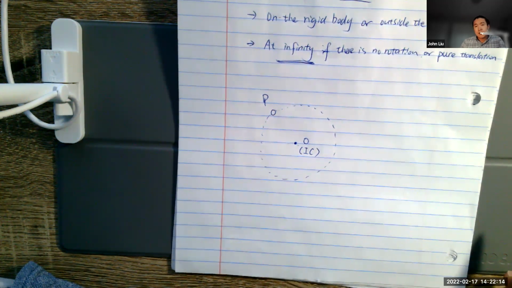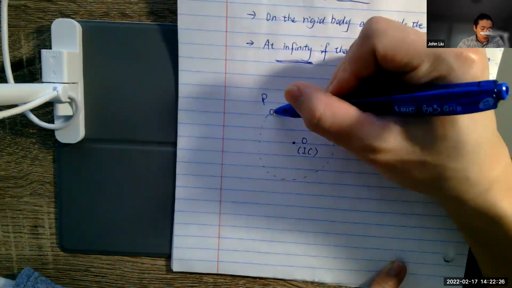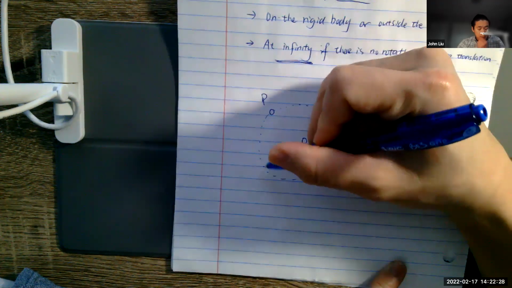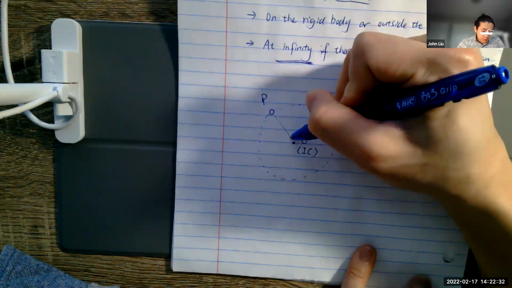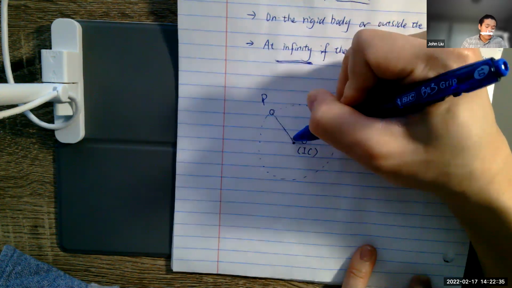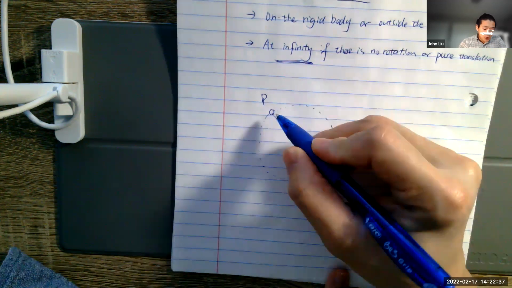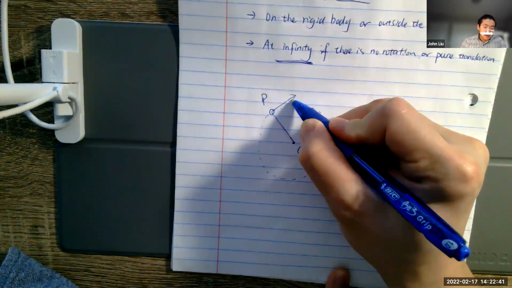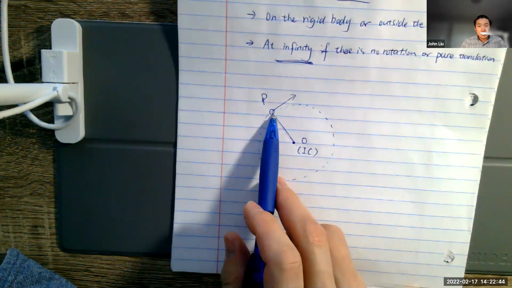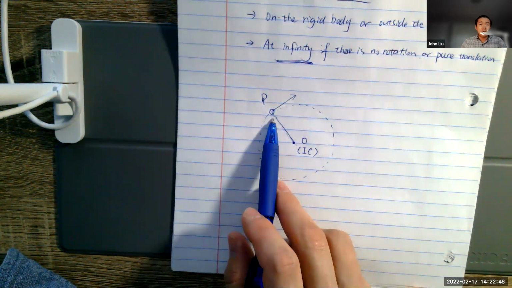If point O is the instant center, what would be the direction of motion for point P? You probably know that if point P is rotating about point O, and you draw a line between the center and particle P, the direction of velocity must be perpendicular to the line between P and O, right?